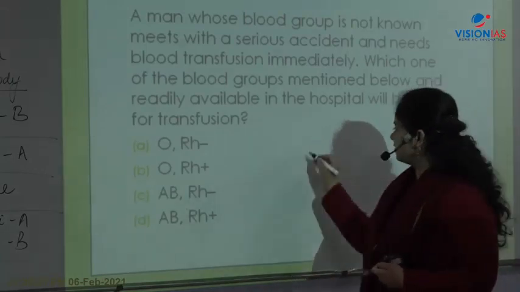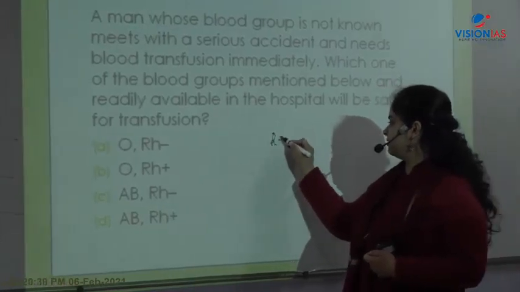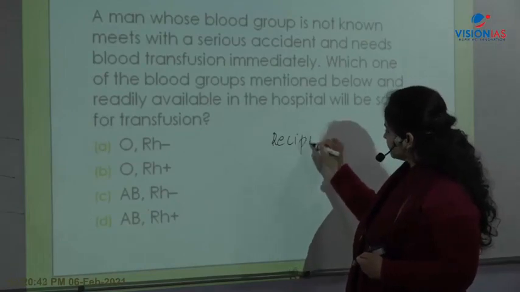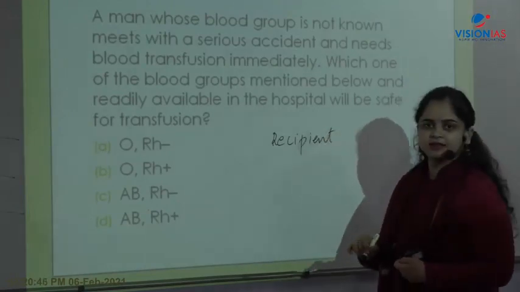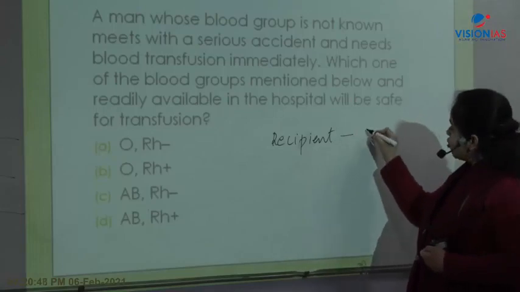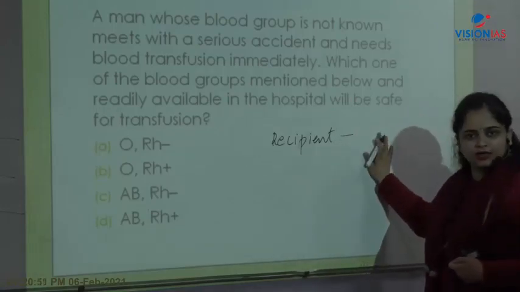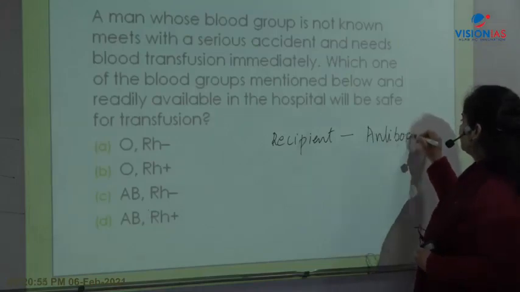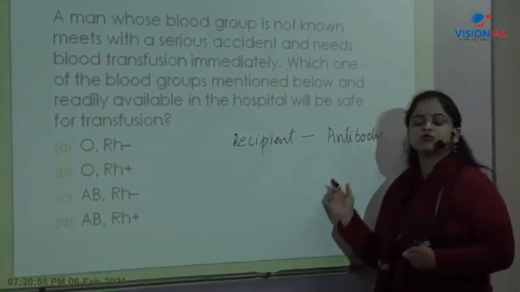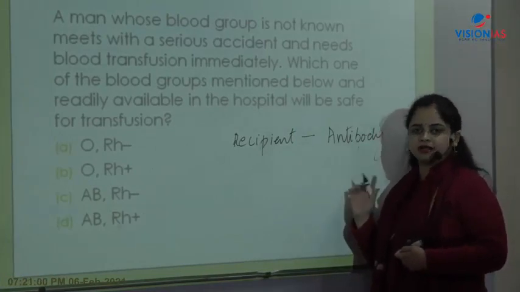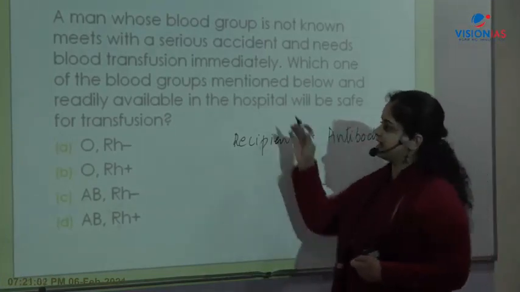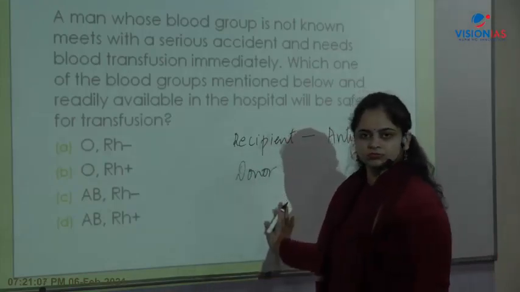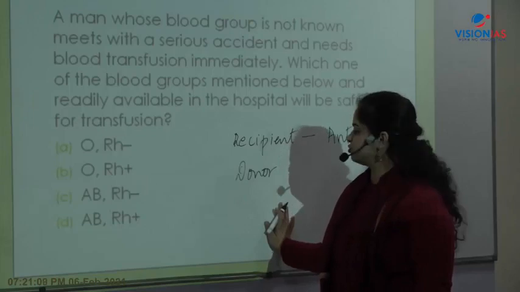So, you have a recipient whose blood group is not known. And for the recipient, we have established that we have to see the antibody. So we do not know which antibodies are here. They are asking us about the donor, that who should donate blood.